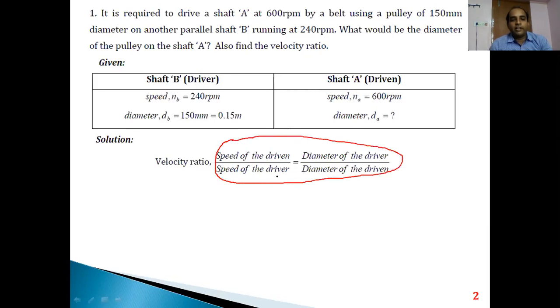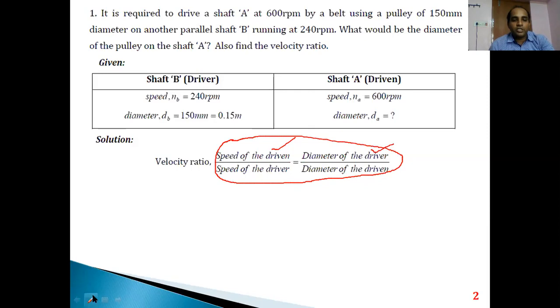So always keep in mind, speed in the numerator: speed of the driven pulley comes here, and at the bottom, speed of the driver pulley, which is equal to, on the other side, diameter of the driver pulley divided by diameter of the driven pulley.